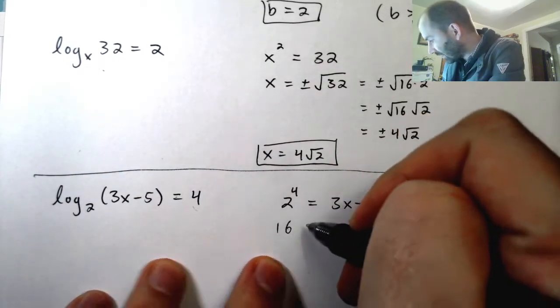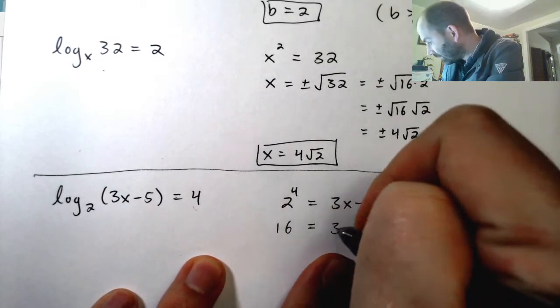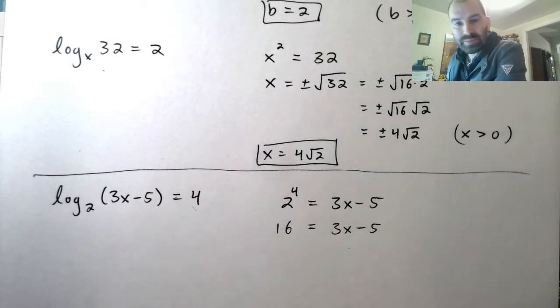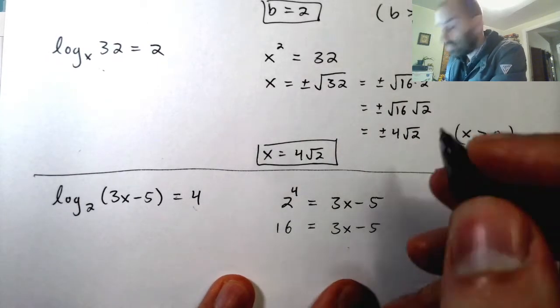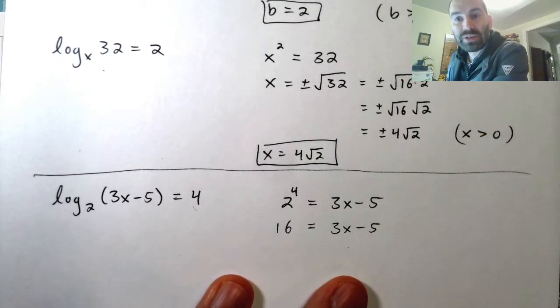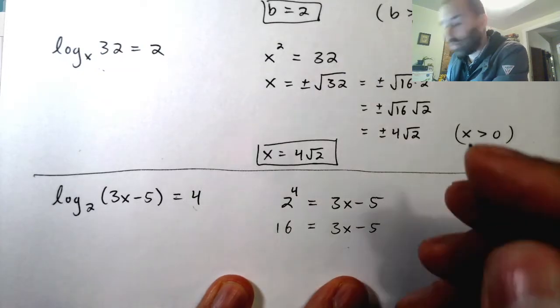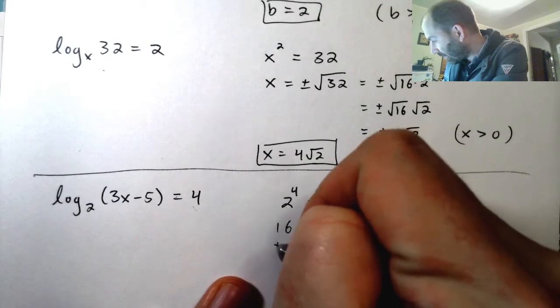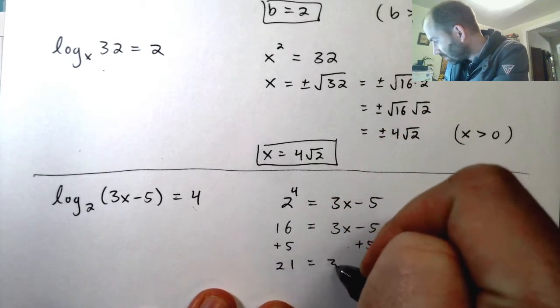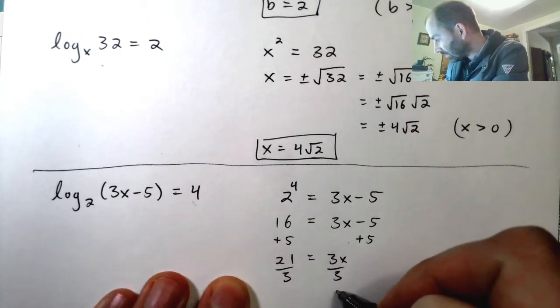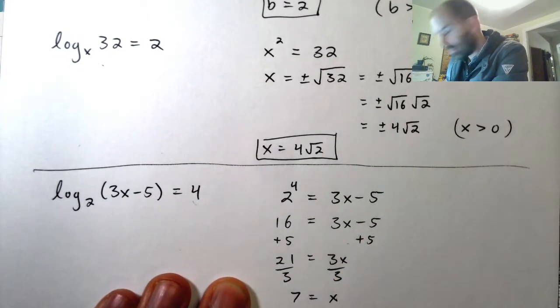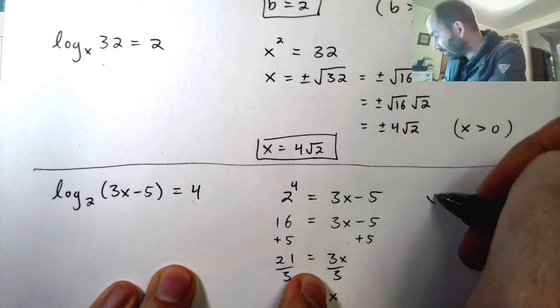So 2 to the 4th is 16. Let's go ahead and pause the video, solve this, and we'll meet together. 3, 2, 1. All right, yep, we add 5 to both sides. Divide both sides by 3. And we see that x equals 7.